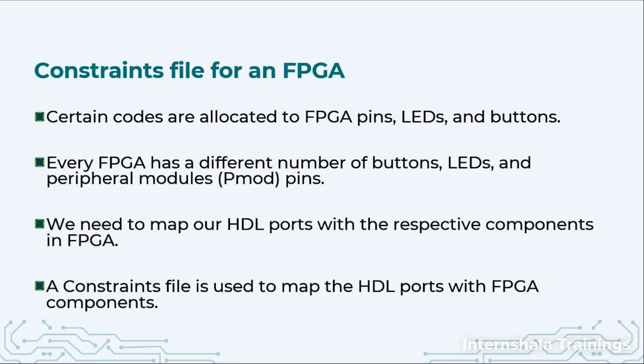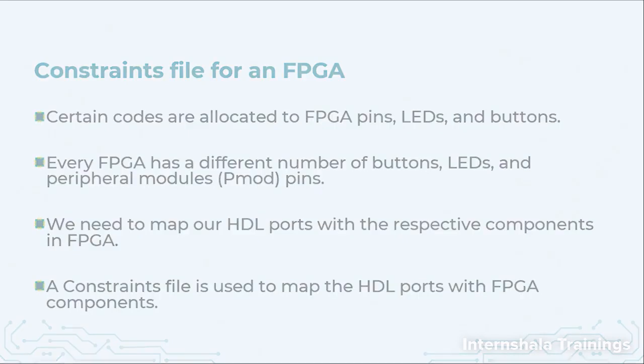So a constraint file will tell the system that if my Verilog code is requiring 3 buttons and 2 LEDs, then which 3 buttons and which 2 LEDs should be used on a particular FPGA board. And that is the constraint it is applying, and this is the reason it is called a constraints file.